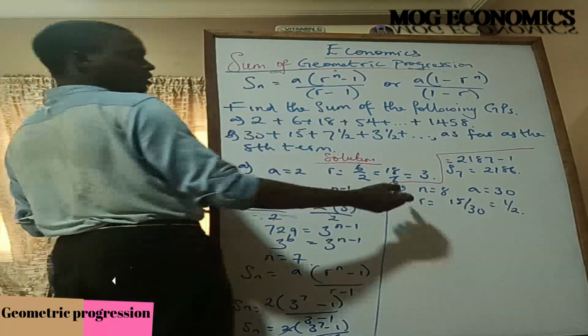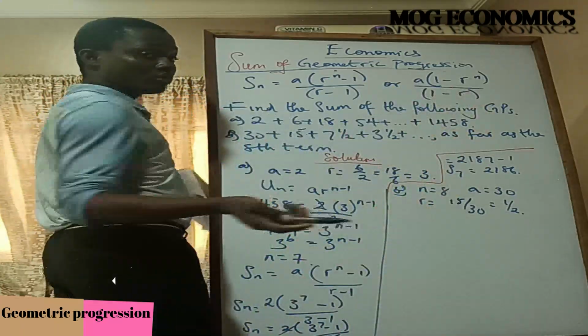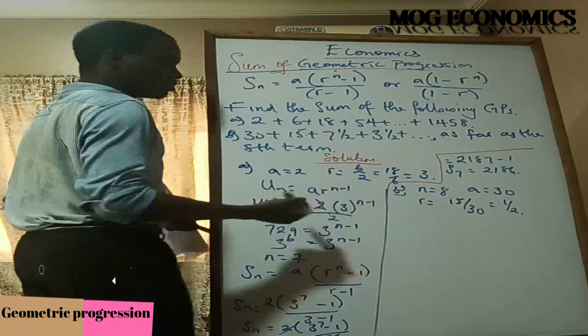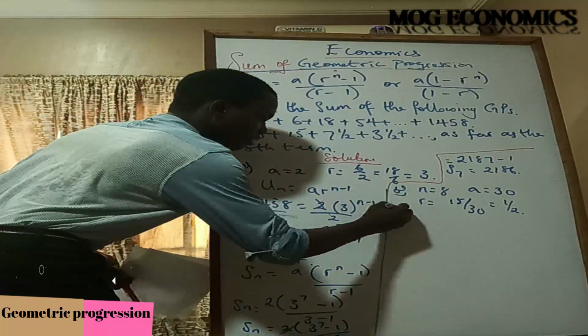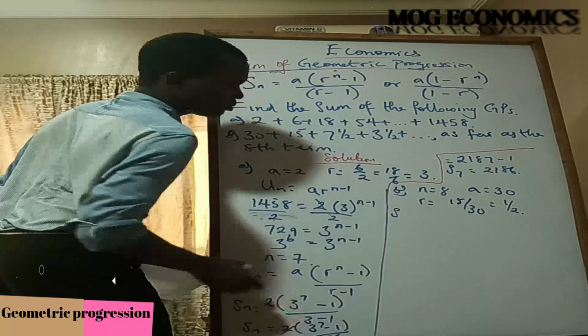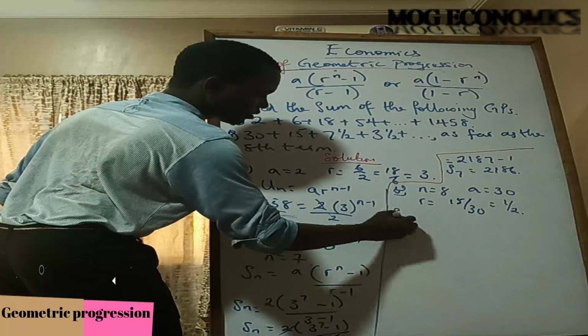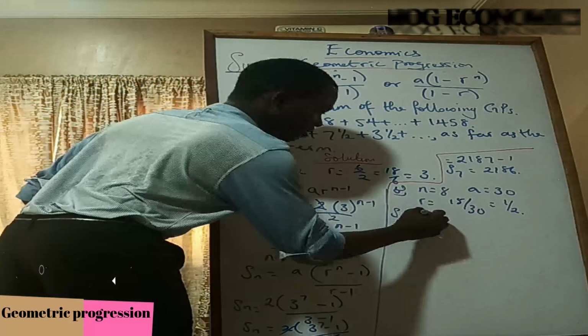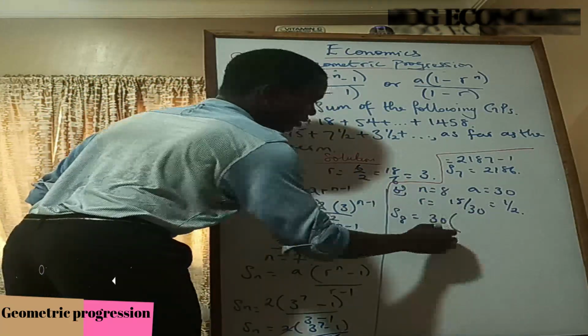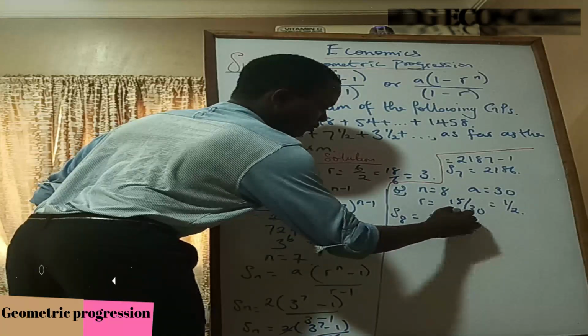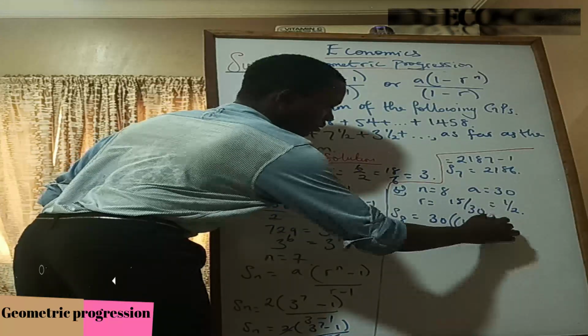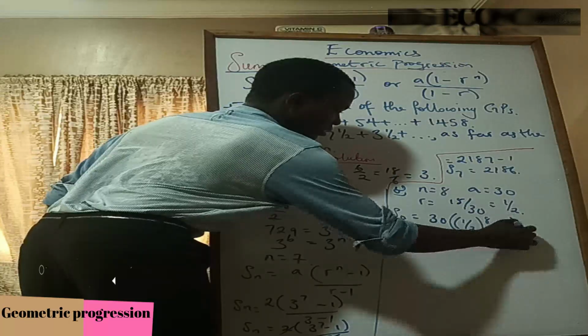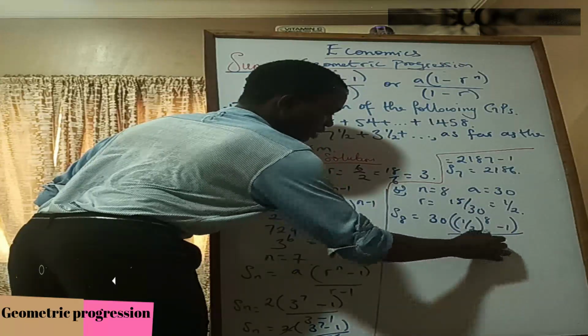Right? So normally, since my r is half, I'm supposed to use this formula, but I won't. Let me just stick to this. Alright, so S of n, n is 8, so S8 equals a, which is 30 into brackets half raised to 8 minus 1 and divided by half minus 1.